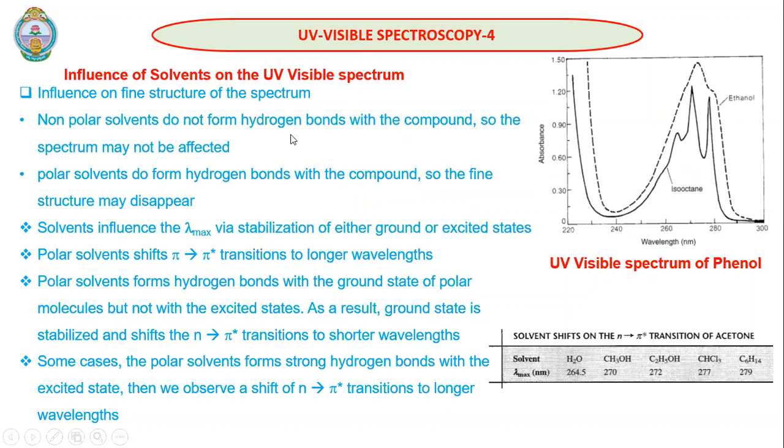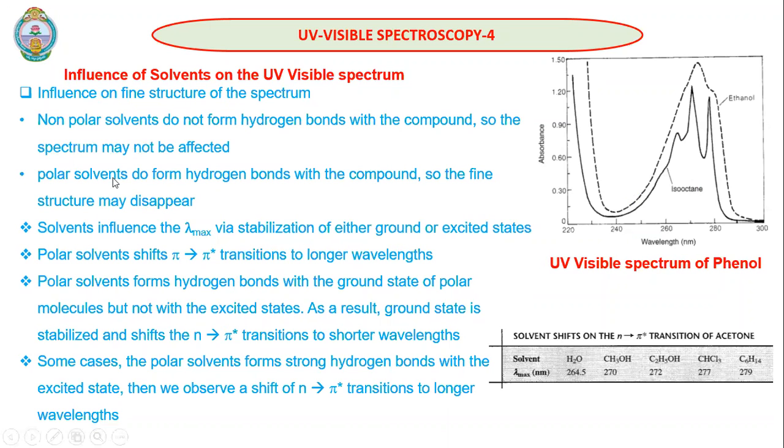Non-polar solvents do not form hydrogen bonds with the compound, so the spectrum may not be affected. The compound will not interact with the solvent at all, so whatever spectrum we collect is mostly 99% from the compound itself. Though we have used a solvent, we can say the spectrum is from the compound.